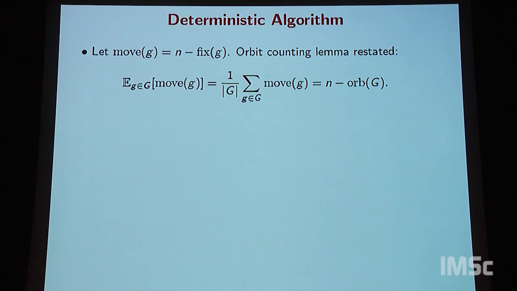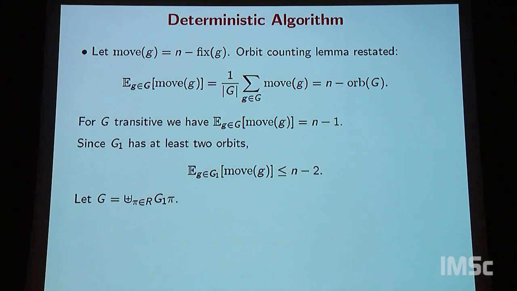So the orbit counting lemma says that the expected number of points that is moved by G is the average of the expected number of points that is moved by every element of G, which is n minus the number of orbits of G. All I've done is replace fix of G in my orbit counting lemma by n minus mu of G. Now, for G transitive, because there's only one orbit, the expected value of mu of G is n minus 1.